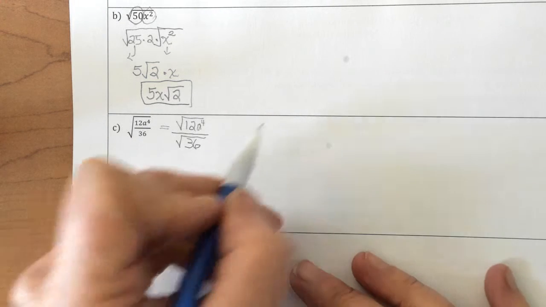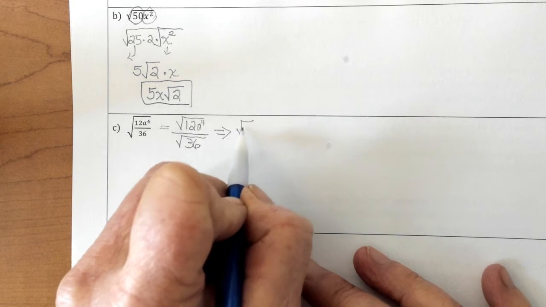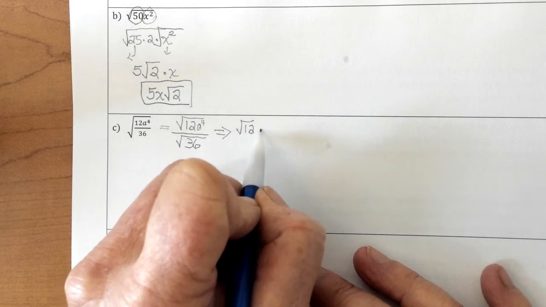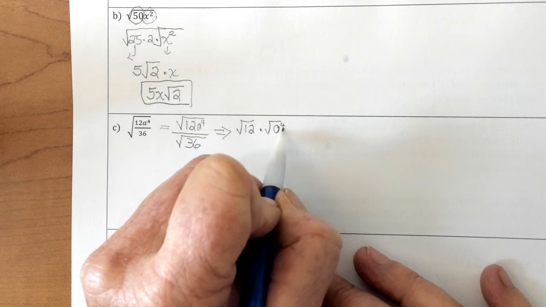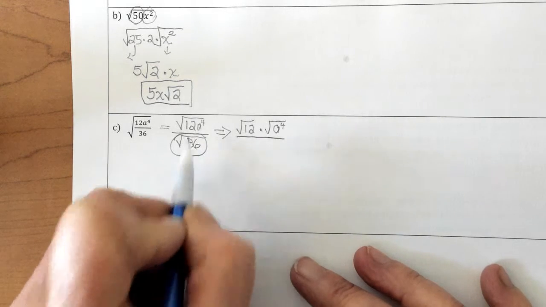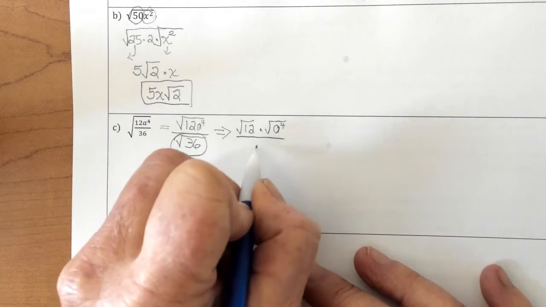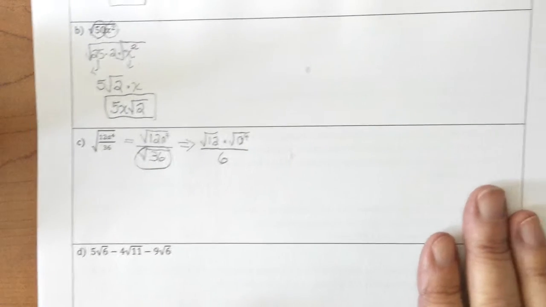In fact, this time, I'm going to go square root of 12 times the square root of a to the 4th power. And I'm going to put that over, and I'm going to immediately simplify the square root of 36 to 6.